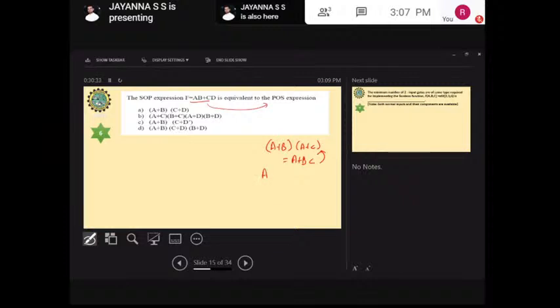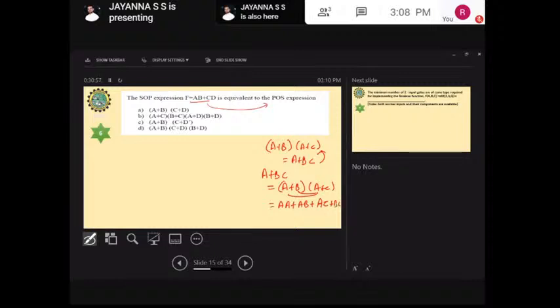Just multiply this with this, so you get A into A plus A into B plus A into C plus B into C.